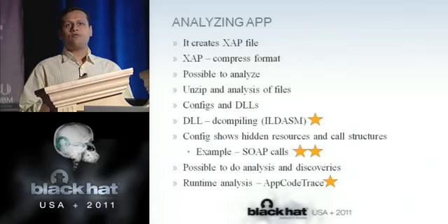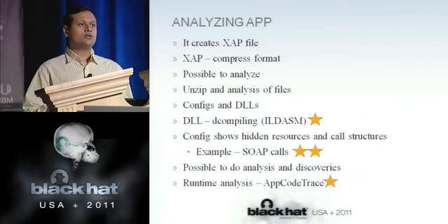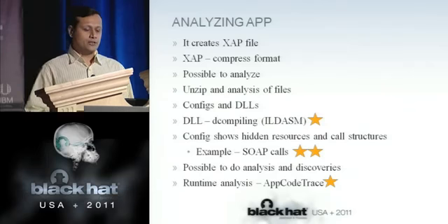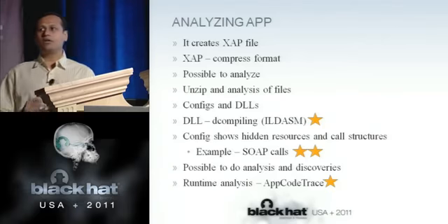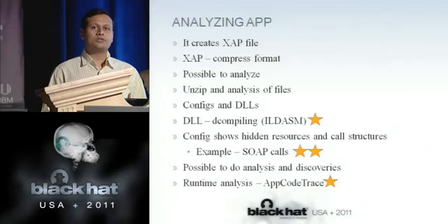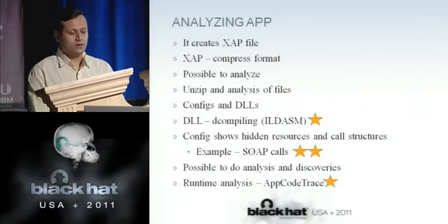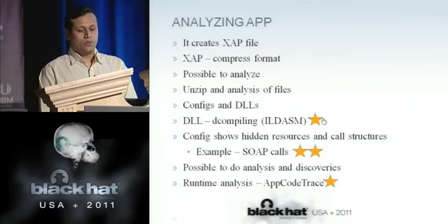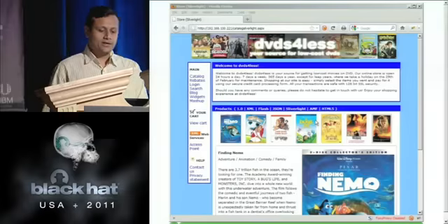The XAP file would have all the information needed to execute your application. It will have a config file, it will have DLLs, it will contain your cross-domain policies, client access policies, and so on. Everything would be part of your XAP file. So what we want to do is analyze XAP files.